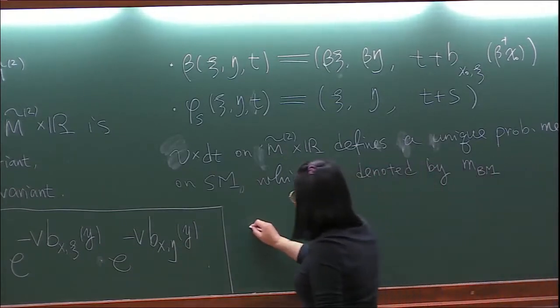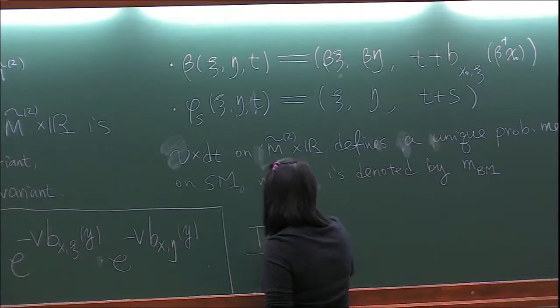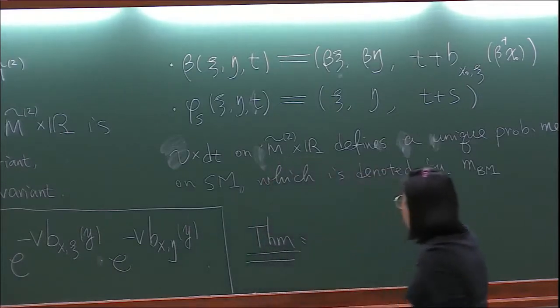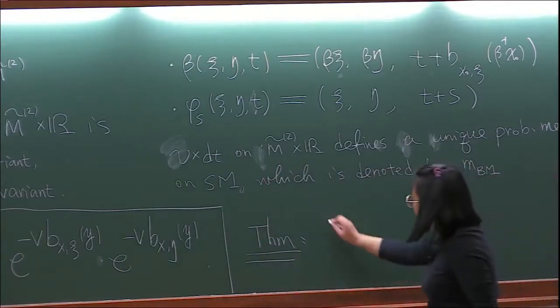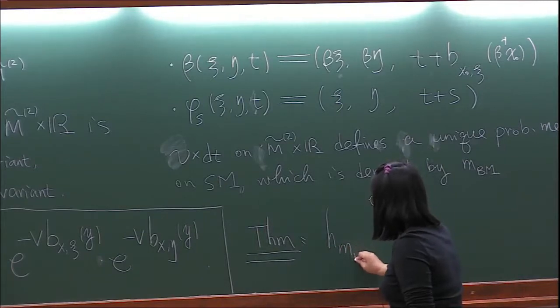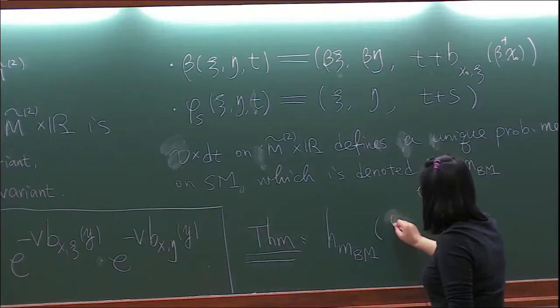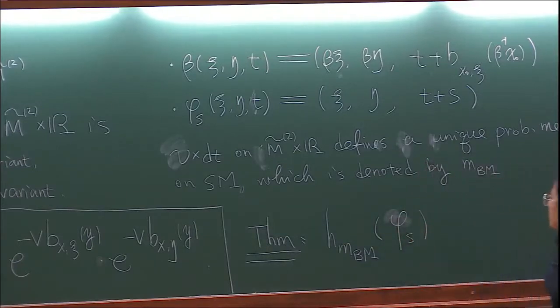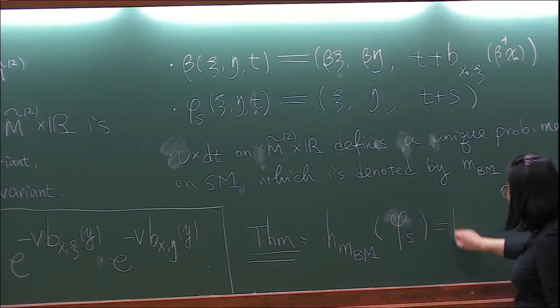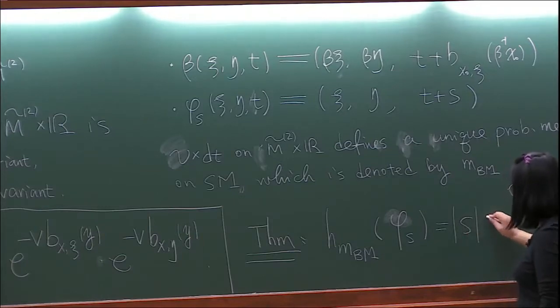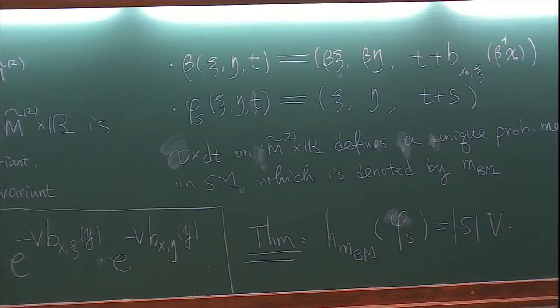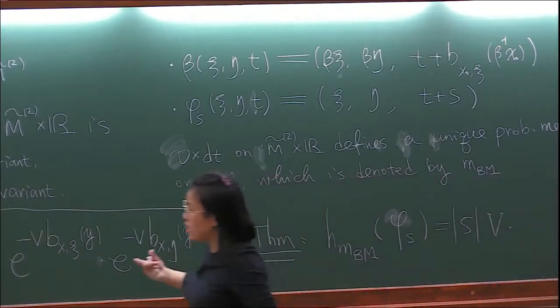So now we already see this measure, the Bowen-Margulis measure, will satisfy the entropy formula. The measure theoretical entropy of this one under the S-time map of the geodesic flow should equal S, absolute value, times V. See it? Why? That's what I explained.